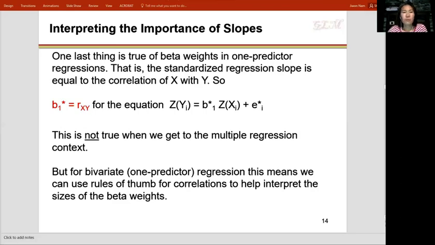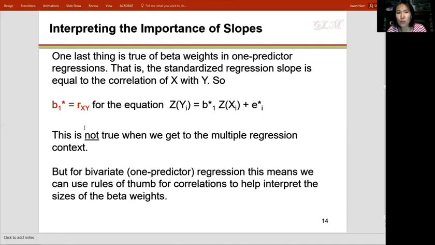So B1 star equals Rxy, where R is the Pearson correlation, and B1 star is the beta weight. I will explain this a little bit later because we do not know the original formula yet.